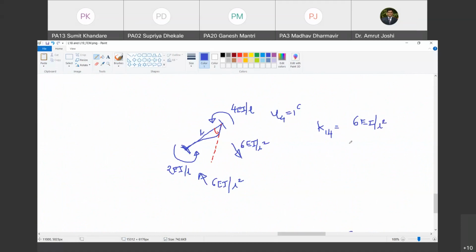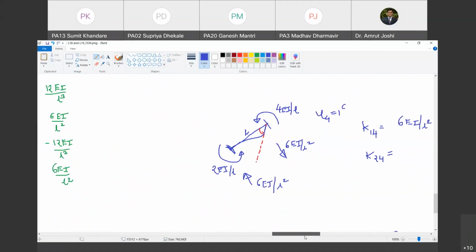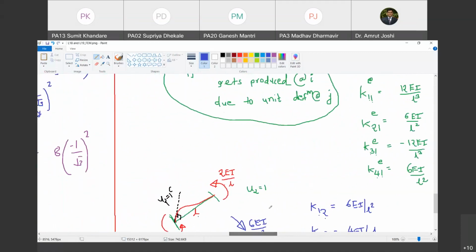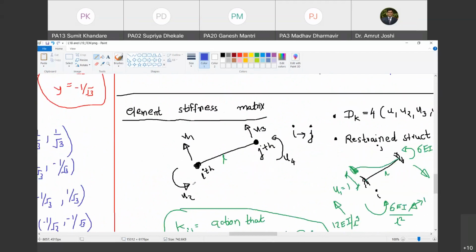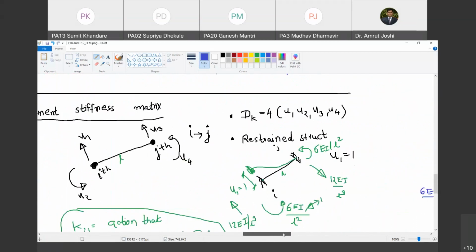Yes, sir. What is K24? The action that gets produced at 2 due to unit deformation at 4. What is 2? 2 is rotation. Which action should I be looking for?